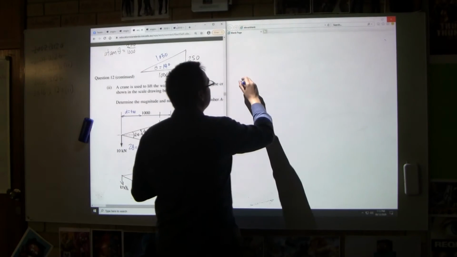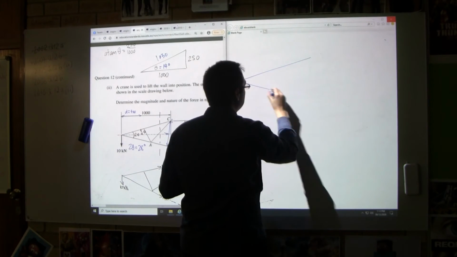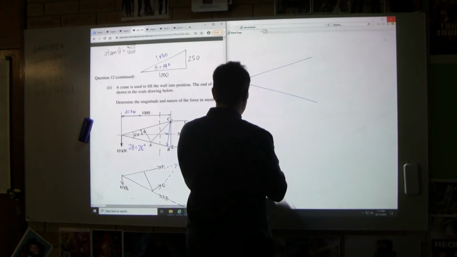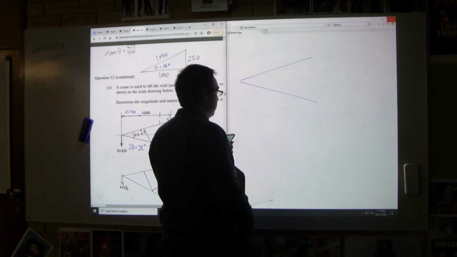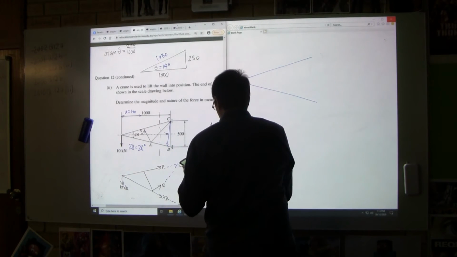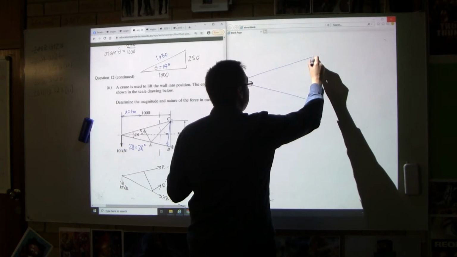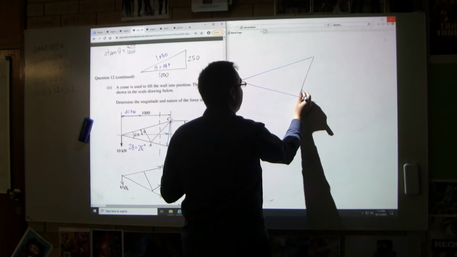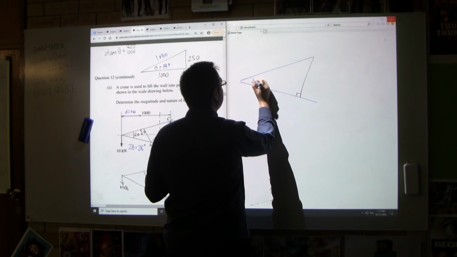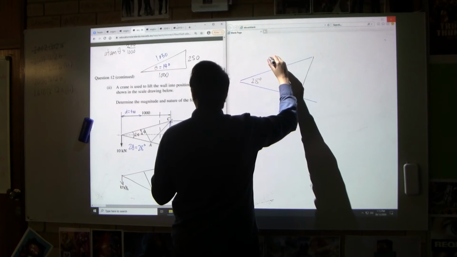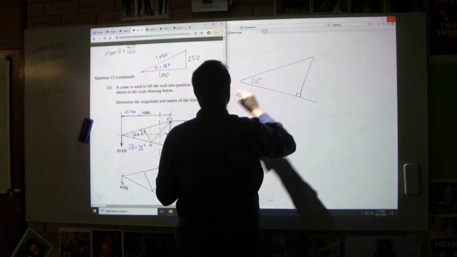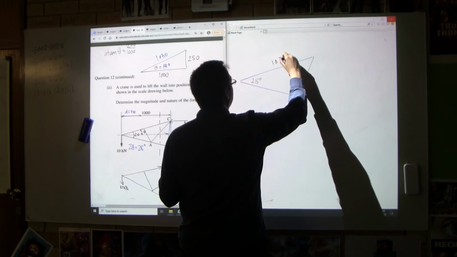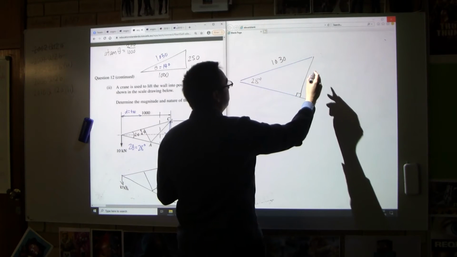Okay, so if I have this diagram here, that's my diagram. What I'm actually trying to find is this triangle. I want to know that this is 28 degrees, and this is 20 degrees, and this is 1030. So from that, I should be able to find this.